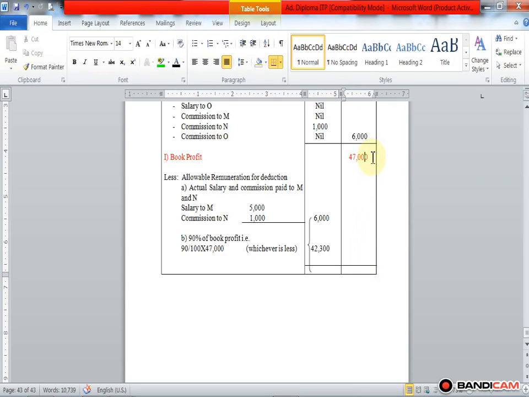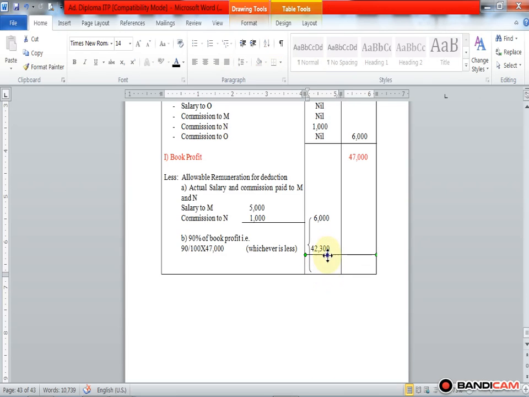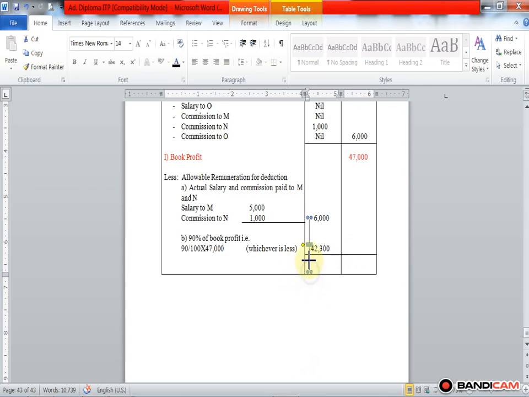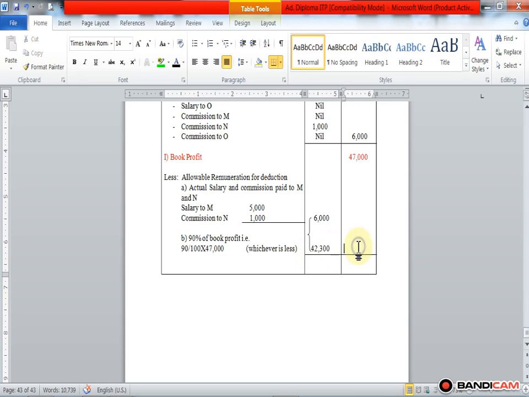47,000. So here 6,000 is deducted from 47,000. Then we get the total income of the firm, and that is 41,000.